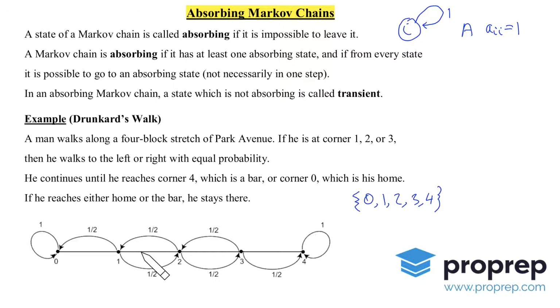And the difference is at the end corners, one of them is the bar and one of them is home. And if he gets to the bar or home, then he stays there. That's the absorbing state, the two absorbing states. So 0 and 4 are absorbing states. And the others, 1, 2, and 3, are transient.